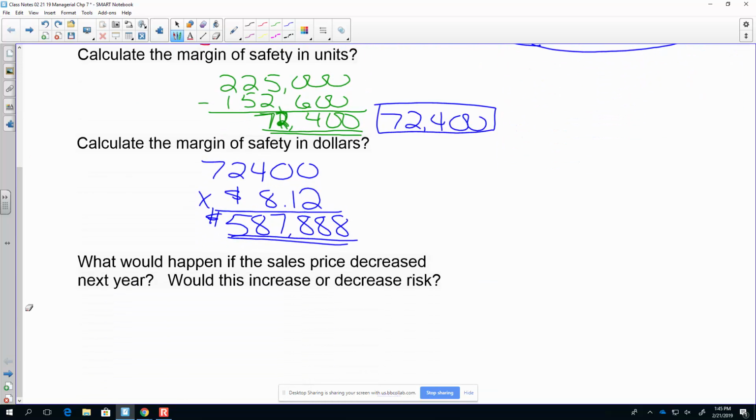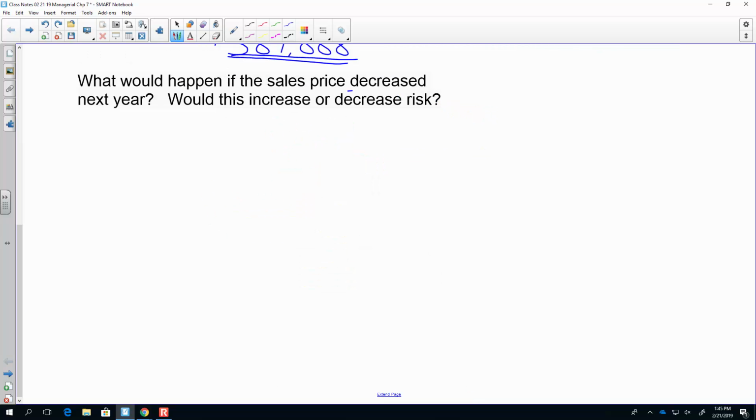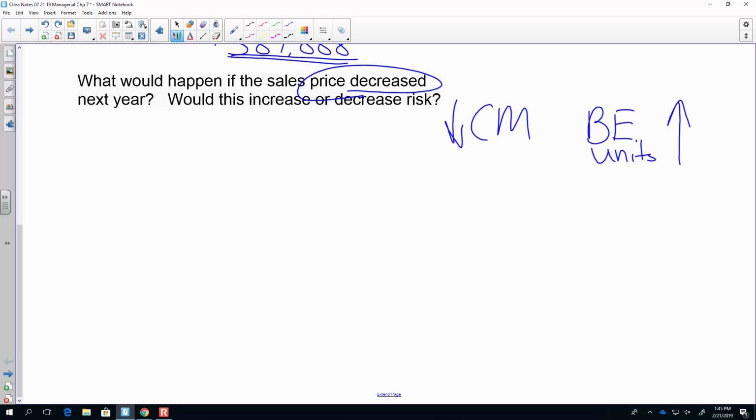So if I decrease it, my contribution margin decreases, which does what to my break even in units? Does it go up or down? It'll bring it down. Careful. If it's units, it'll go up. If my margin goes down, my break even has to go up because I'm making less on every unit.